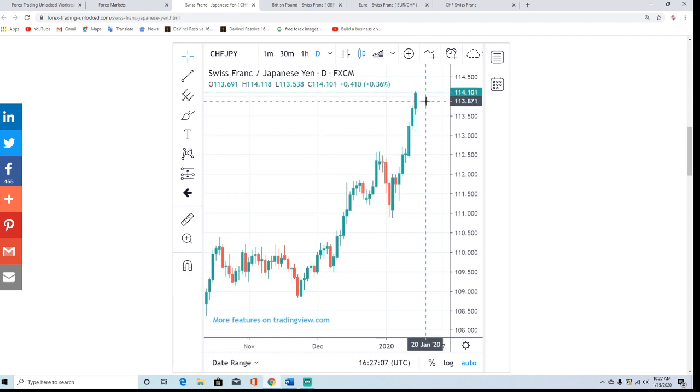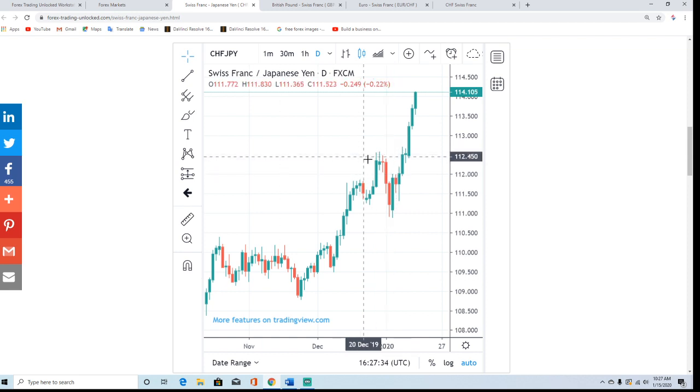As we're talking right now, we are pressing new highs at 114.09, getting ready to probably even press this move up to 114.5 by the end of the week, if not today, then probably tomorrow or even by Friday. It's very likely that this trend will continue. And look at how extreme the slope is. This is crazy. The Swiss franc is being bought against all the other major currencies globally.